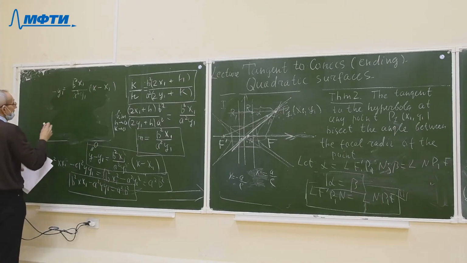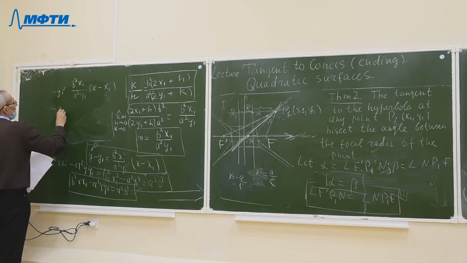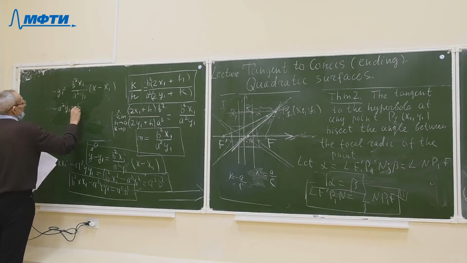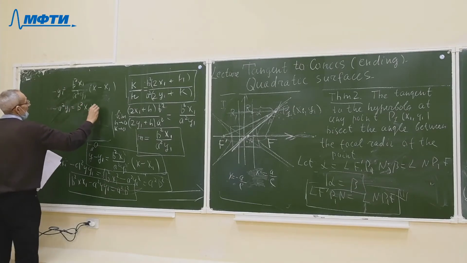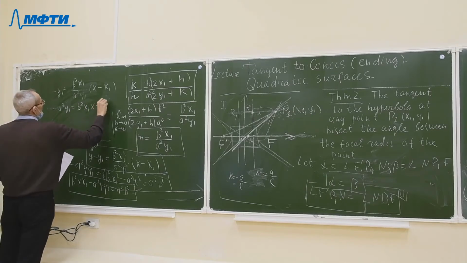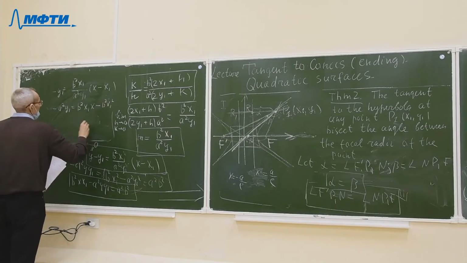And we obtain the following equality: minus a square y1 is equal to b square x1 x minus b square x1 square.